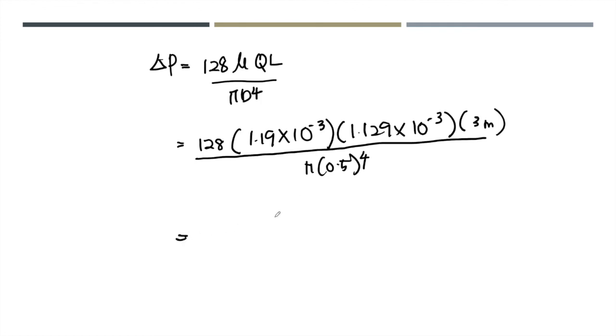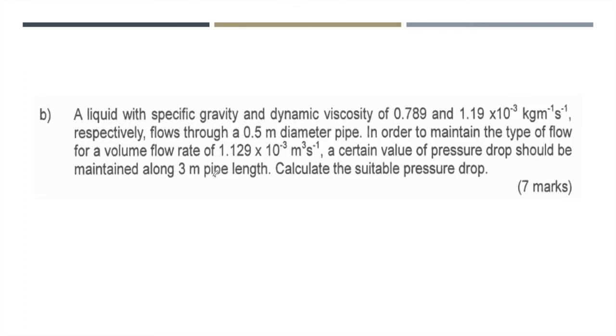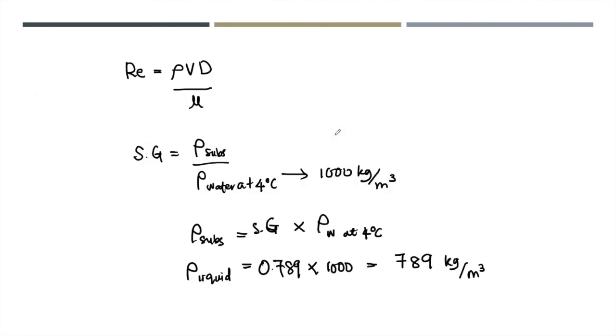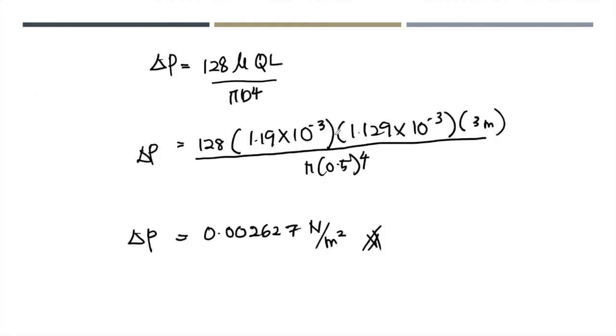From here you will get your delta P value as 0.00262 Newton per meter square. So this is your value of the pressure difference for this question. So you have to calculate the suitable pressure drop. Okay, so that's all for this example.